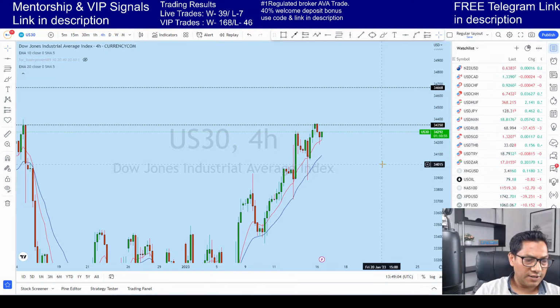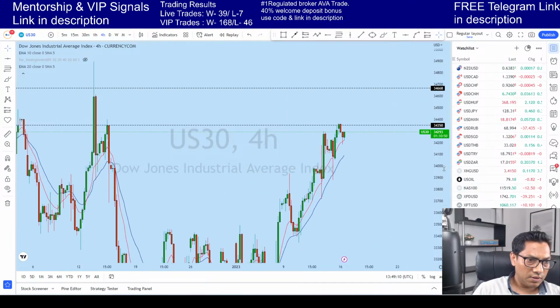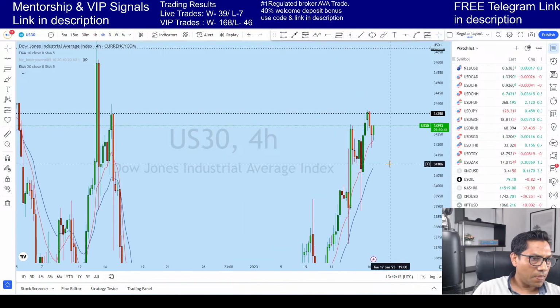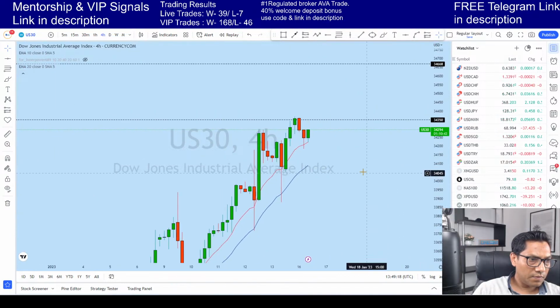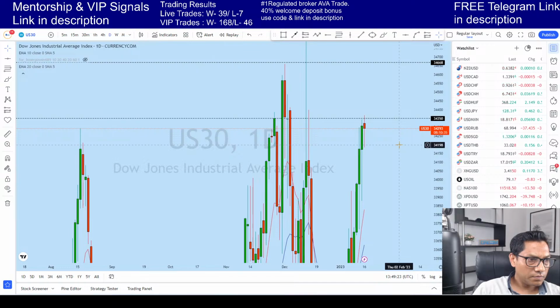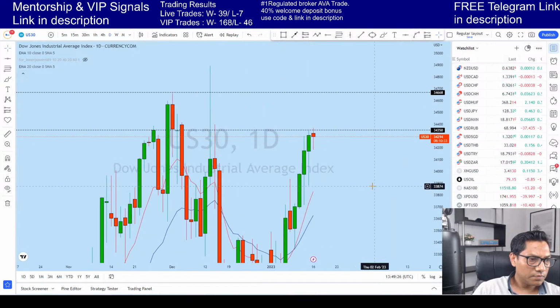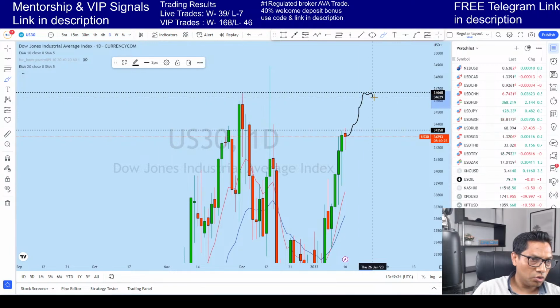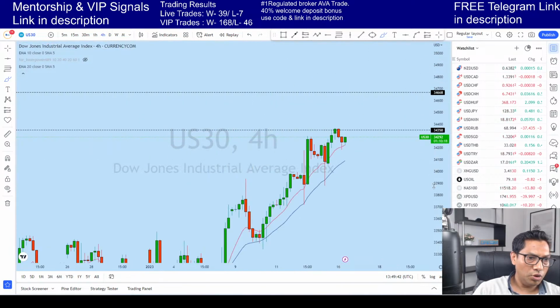Okay, what I think, like all other instruments, is that US30 primarily will have another move up, and along this zone we'll see that the price will reverse, but we will see a little more bullish move on US30.